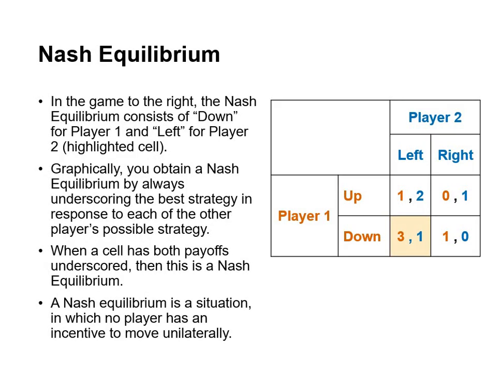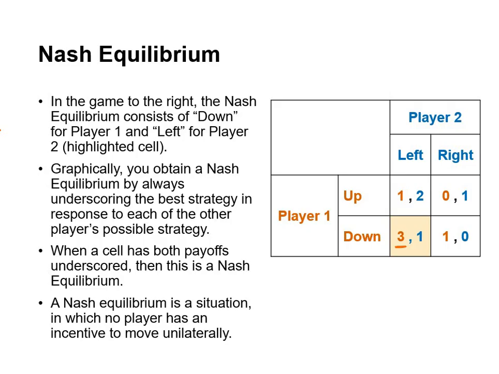Now let's turn next to the concept of the Nash equilibrium. Let's play the game again quickly for player 1. We said, if player 1 thinks player 2 plays left, what's my best strategy? Play up or down, and we underscored the 3.